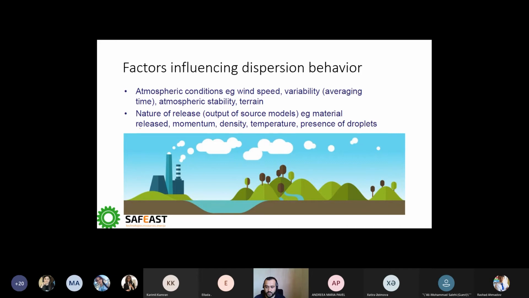If it's denser than air, it will tend to go to the ground, and if it's lighter than air, it will tend to go up and safely disperse. And as we discussed, the effect of aerosols: the presence of droplets may change the behavior of the cloud regardless of its density.